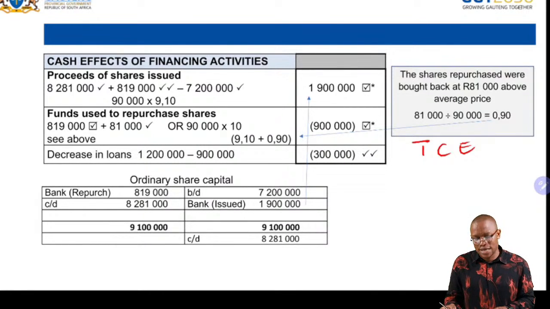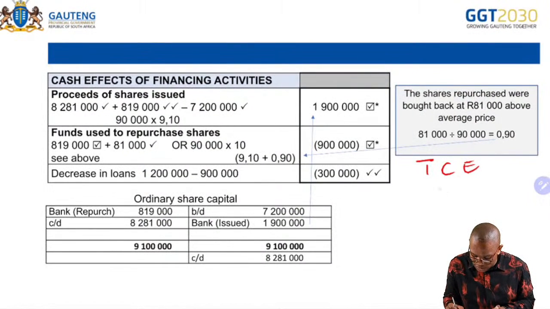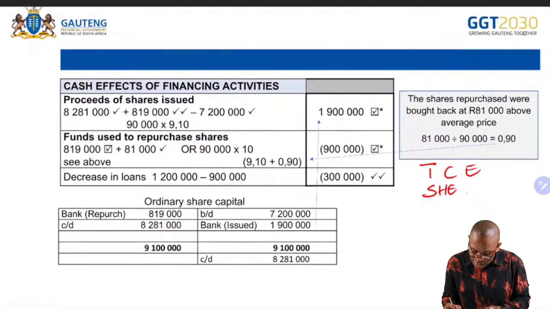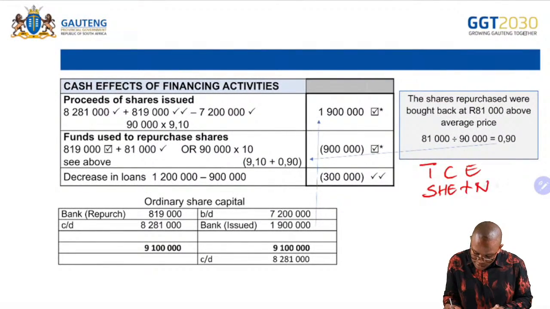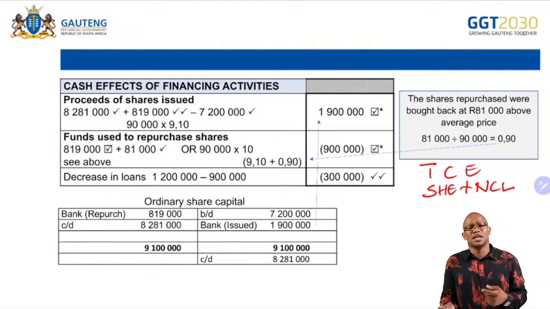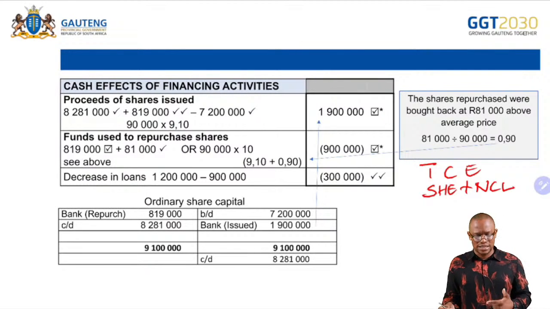Remember, your total capital employed, that is your shareholders' equity from your balance sheet plus your non-current liabilities. So when you do your cash flow from financing activities, you must master these two: shareholders' equity as well as your non-current liabilities.